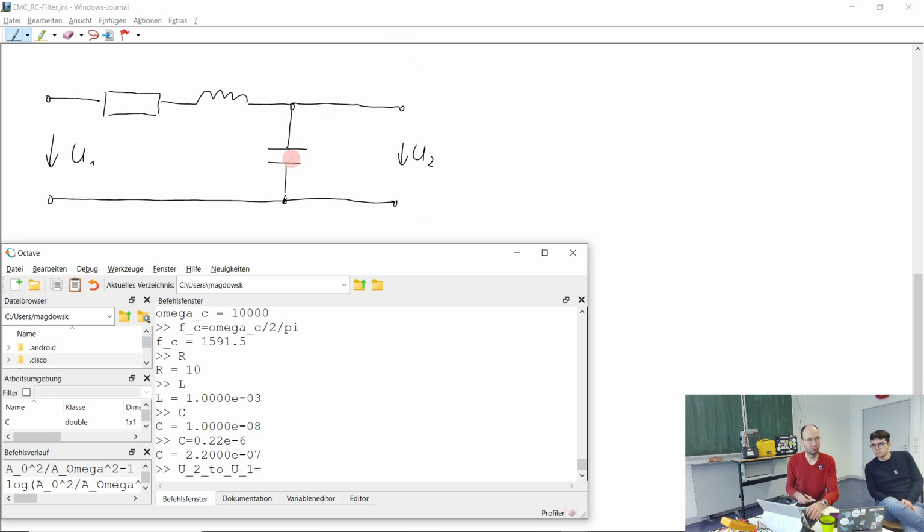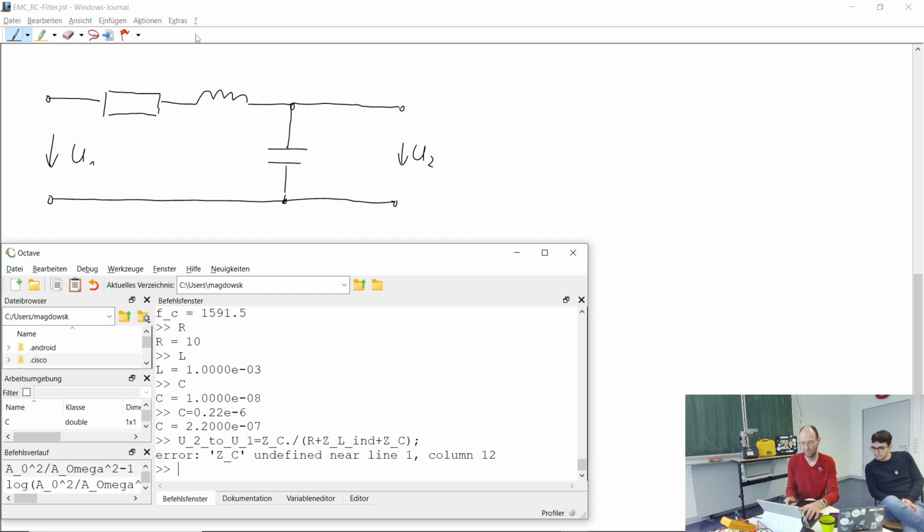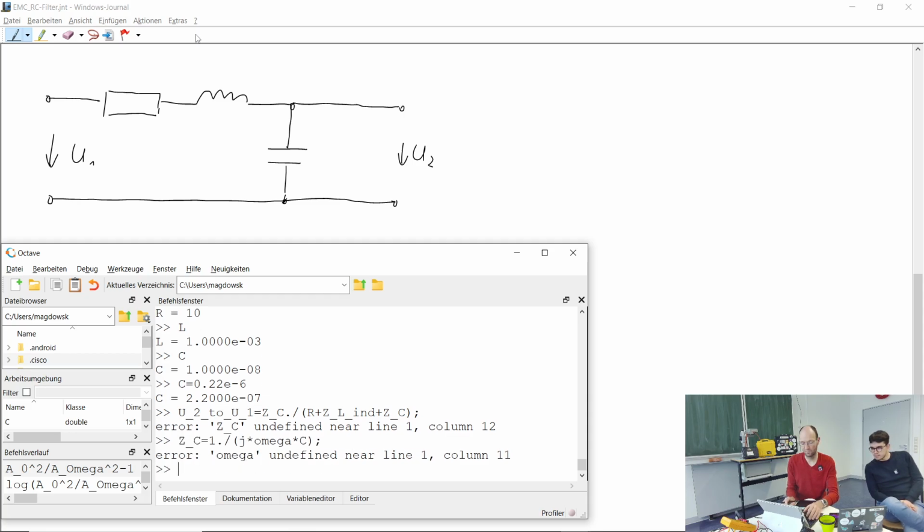it will be ZC, the impedance of the capacitor, divided by the total impedance. So ZC divided by R plus ZL of the inductor. This is what we had before, and ZC. And I think this will not now be meaningful because I've not yet calculated ZC, but this is this.